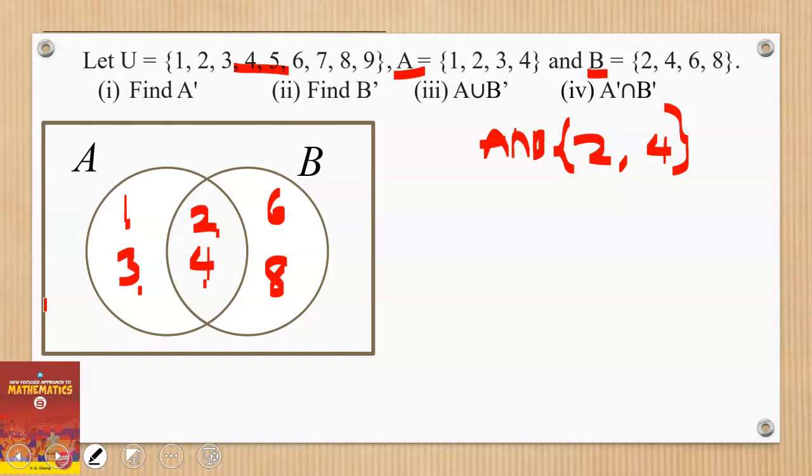So now, do we have other elements that are outside A and B, or elements that are in the universal set but not found in A and B?